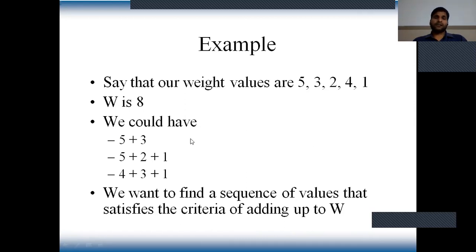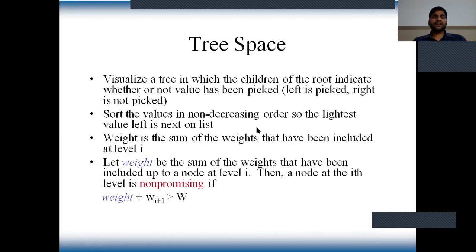So in the solution of the subset sum problem, we find 3 subsets of the given set whose sum is equal to 8, but we want to find the sequence of values that satisfy the criteria of adding up to capital W. We can also draw the tree space diagram of the subset sum problem. It is a visualization tree in which the children of the root indicate whether or not a value has been picked: left is picked, right is not picked.